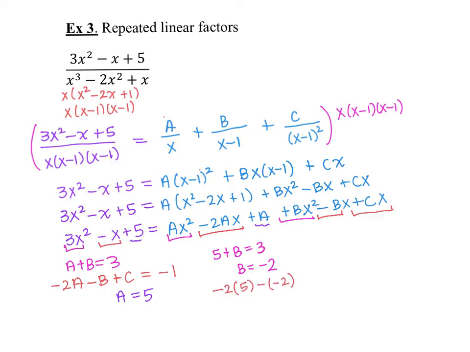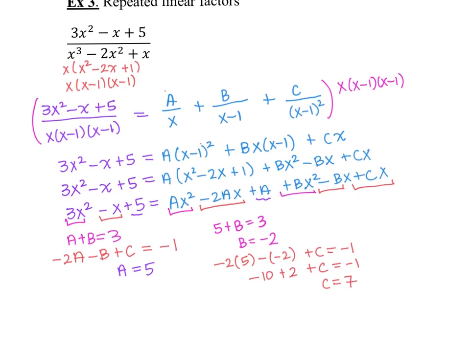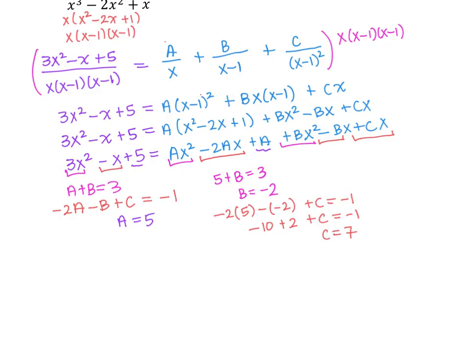Minus negative 2. What is that? Negative 8. So c is 7. Okay, and then after all that, I still need to rewrite my actual fraction, my partial fraction decomposition.